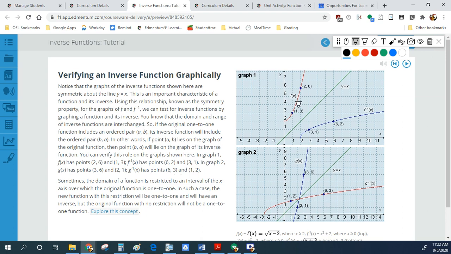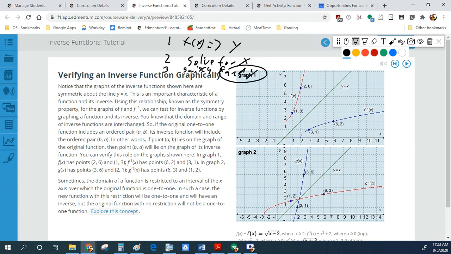But the main idea is that we're switching our x and y values. And that makes sense because if you watch the previous video, the first step was change f of x to y. Then the next step was solve for x, and then step 3 was switch your x and y.